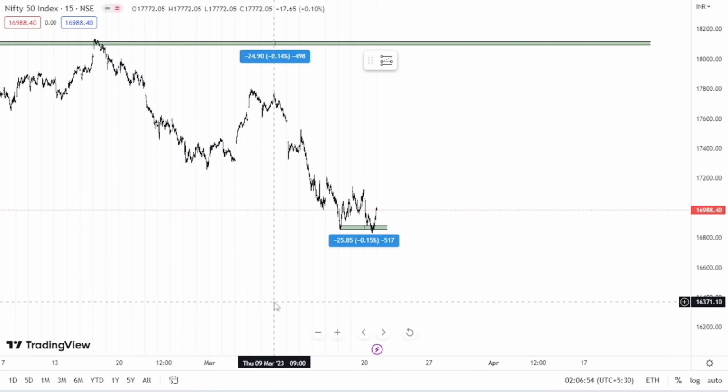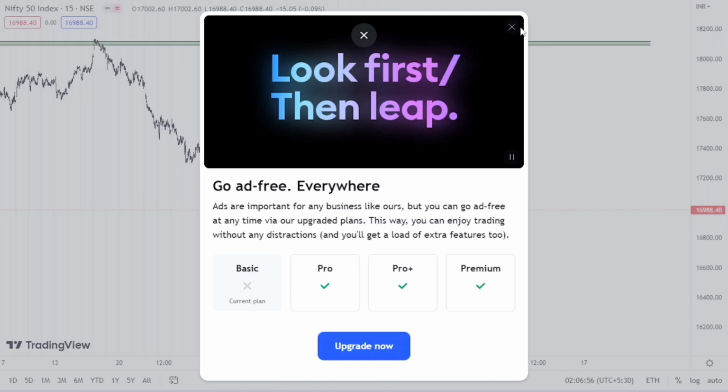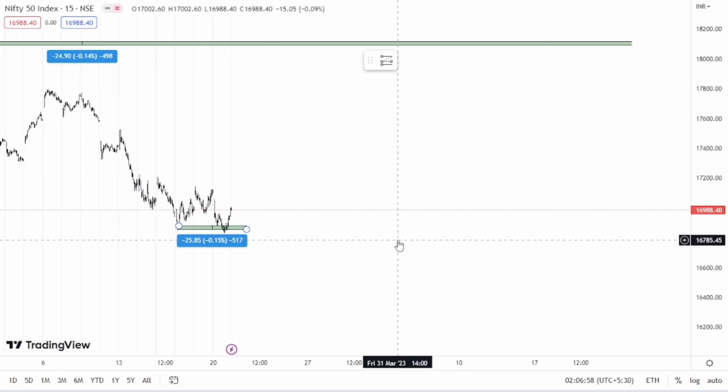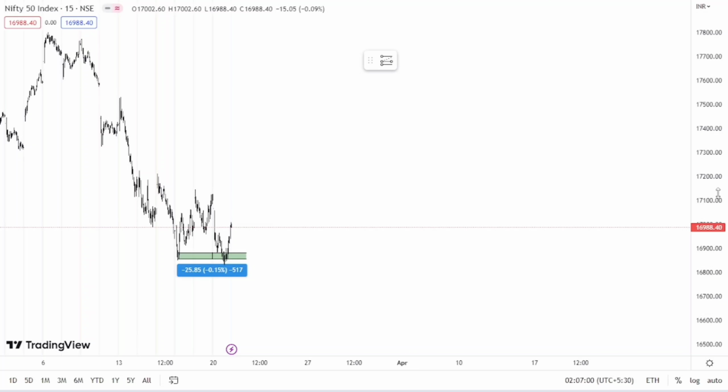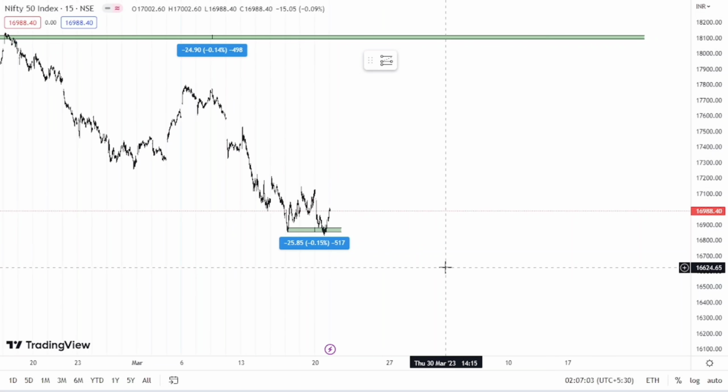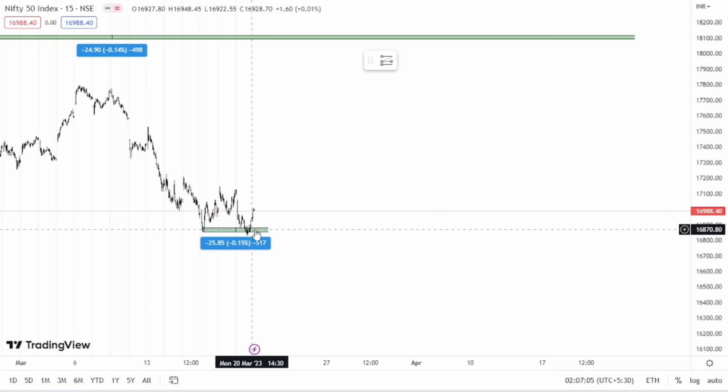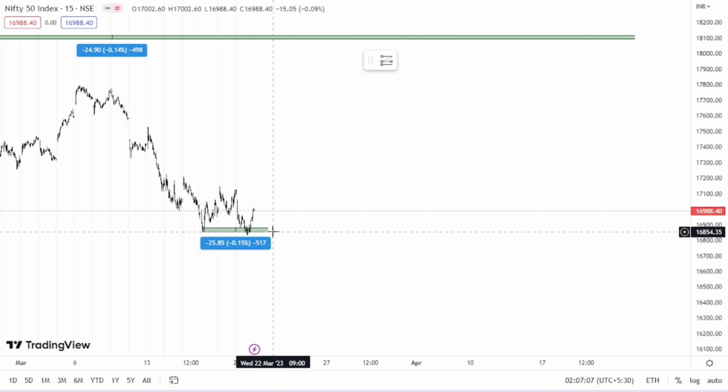You see this? The market is going up from the demand zone.